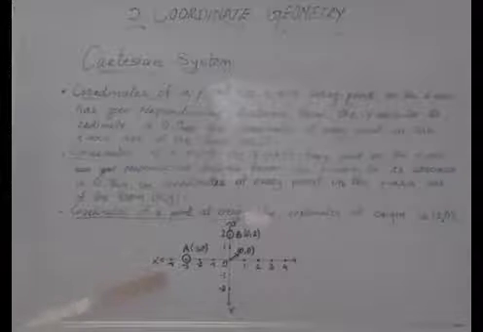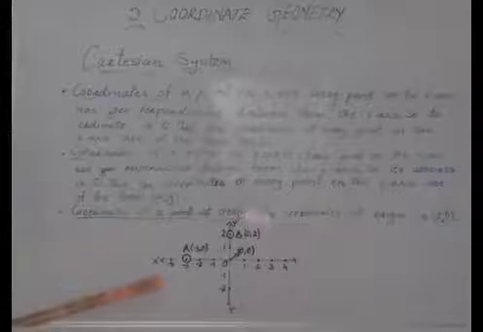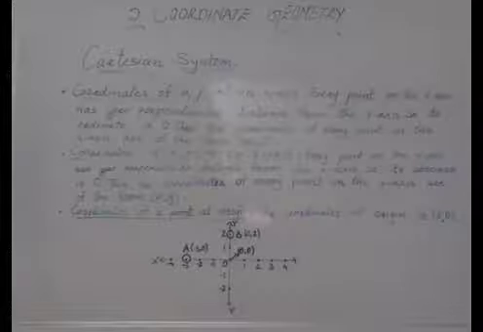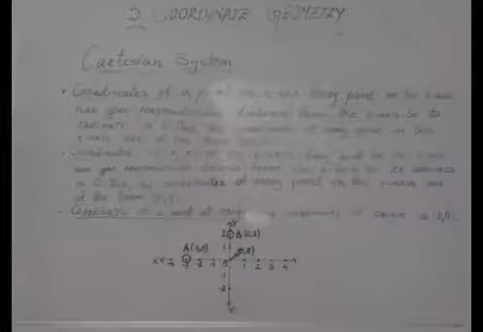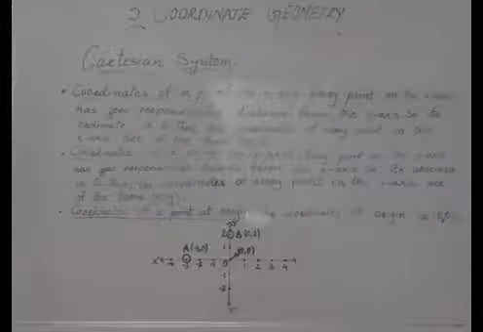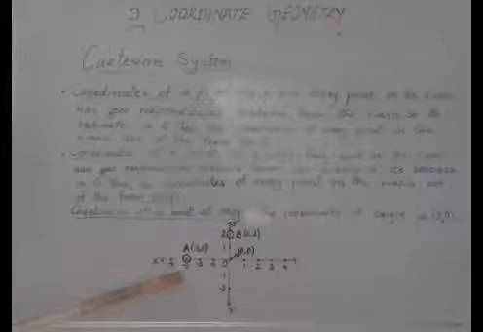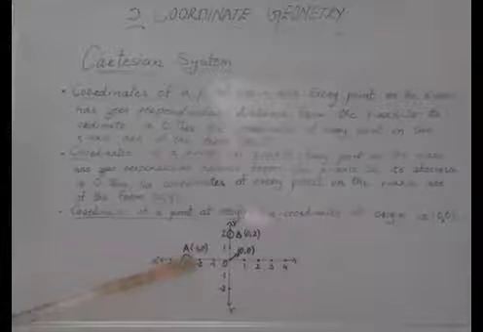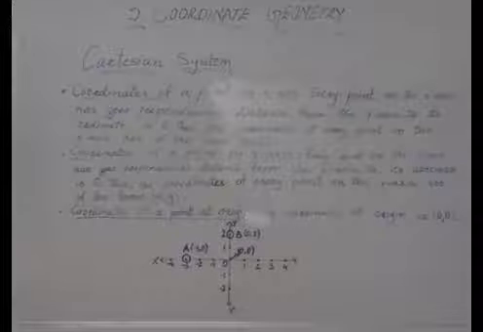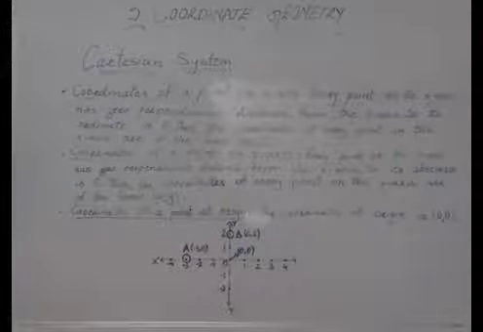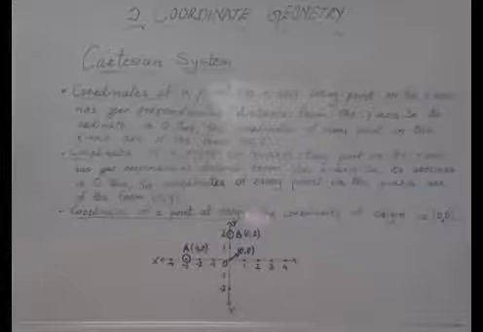For example, I have given point A which lies on the x-axis. It doesn't have any perpendicular distance from the y-axis, so its value will always be 0. So we write point A, because on the x-axis it is -3, as (-3, 0), where the value of the x coordinate is -3 and the value of the y coordinate is 0. That is, the ordinate is always 0 when the given point lies on the x-axis.